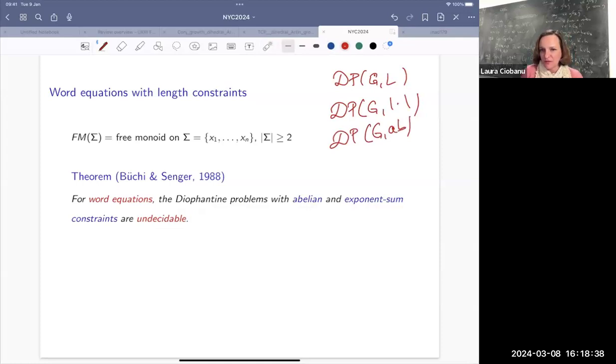You just get some natural numbers to a power of that. So what Büchi and Senger noticed was that these last 2 questions, and now let's replace group by monoid, and it's really the free monoid, so problems 2 and 3 are undecidable.